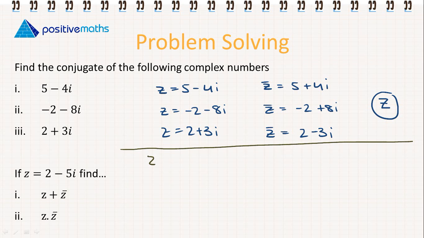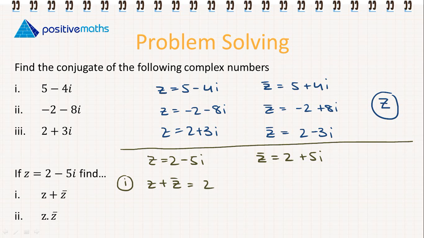We're told that z is equal to 2 minus 5i. We need to find z plus the conjugate of z, and z multiplied by the conjugate of z. So the first thing we're going to do is write down the conjugate. So that's going to be equal to 2 plus 5i. So the first part, we have z plus the conjugate of z.